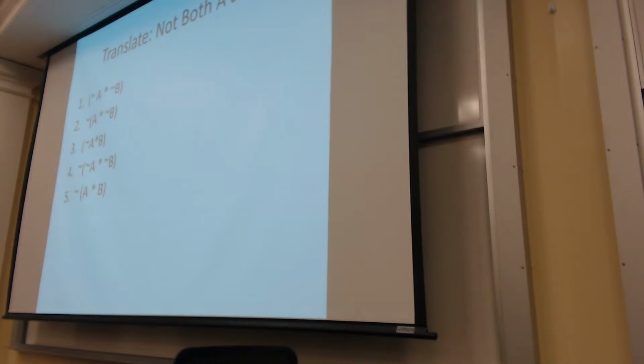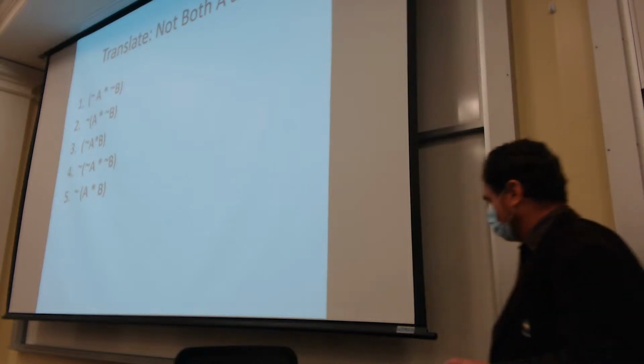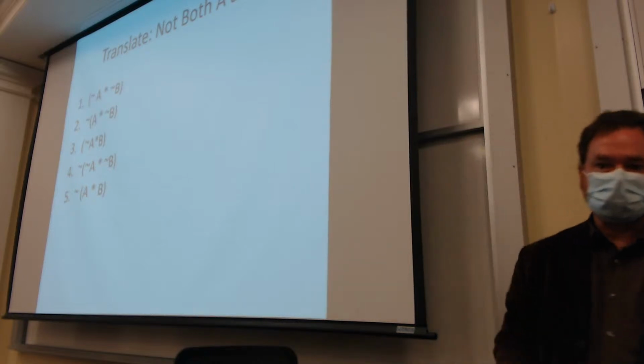Both tells us to open a parenthesis. And then A and B tells us A and B. And then obviously, anytime we reach the end, we have to close an even number of parentheses to those that are already open. So that is the proper translation.